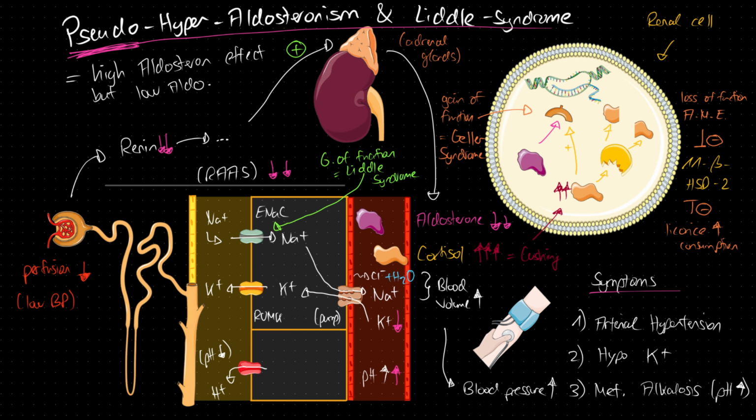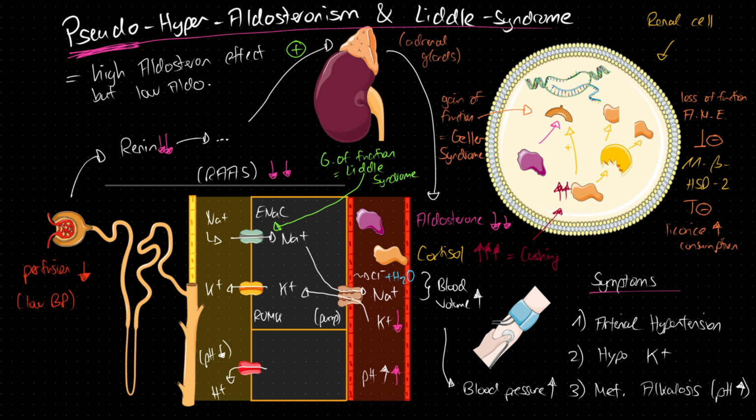To review, all these causes ultimately look like primary hyperaldosteronism. Hypertension through sodium and water retention may occur, hypokalemia and metabolic alkalosis through the activity of the ion channels and proton pump in the distal nephron. In true primary hyperaldosteronism, aldosterone in the blood is high and measurable, and renin is decreased through a feedback mechanism.